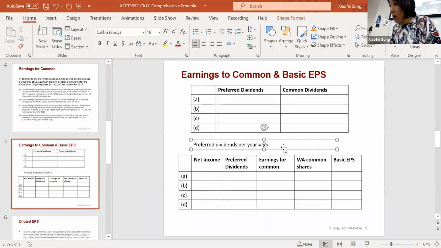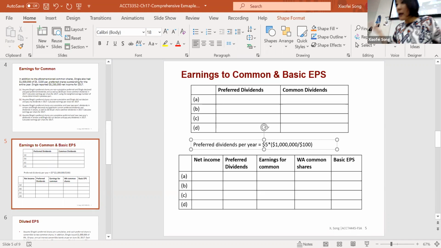it's $5 per share. How many shares are outstanding? We were not told, but we were given the information that I could figure it out. So in the account, the preferred dividend had a balance of $1 million. That's from issuing the preferred shares at $100 per share.